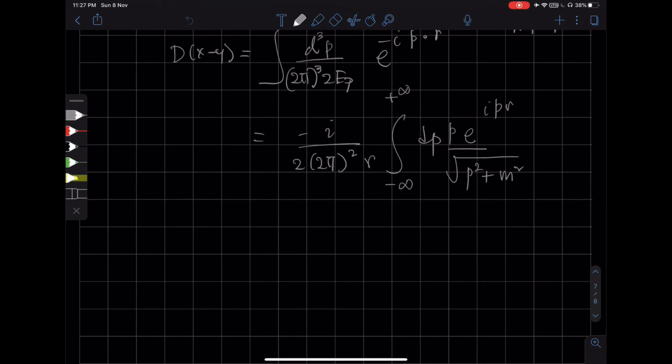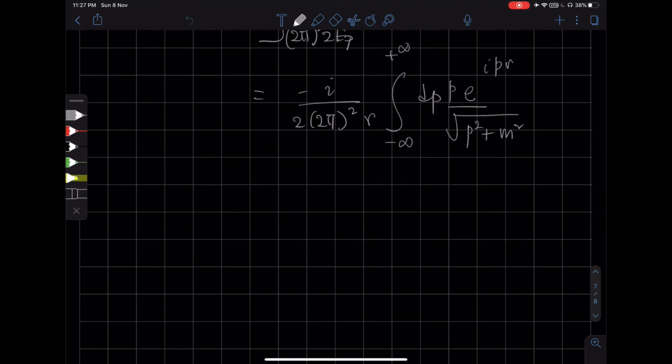If you look at this integral, we see that the integrand has a branch cut. So if I look at the p integral now, the p plane, what we see here is that from the value of p given by plus i m and minus i m, we get a branch cut.